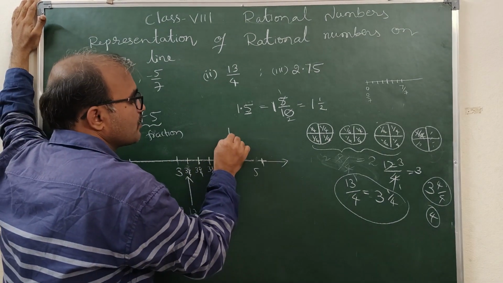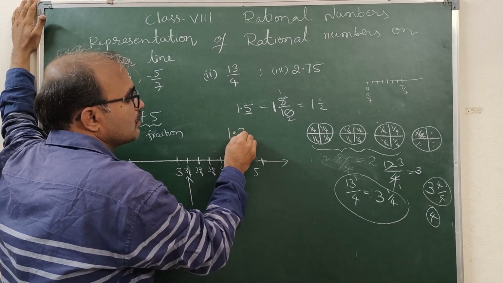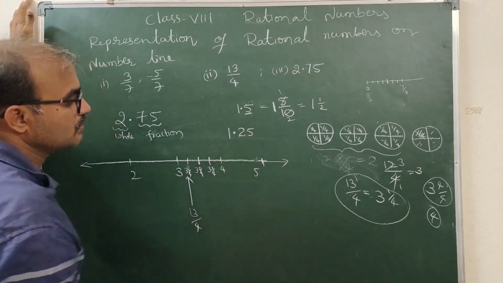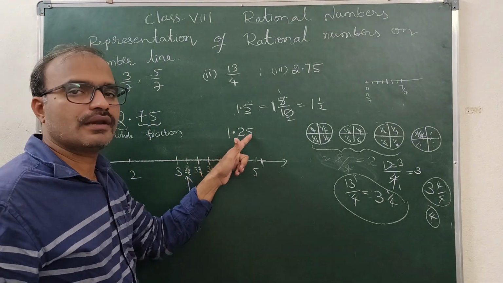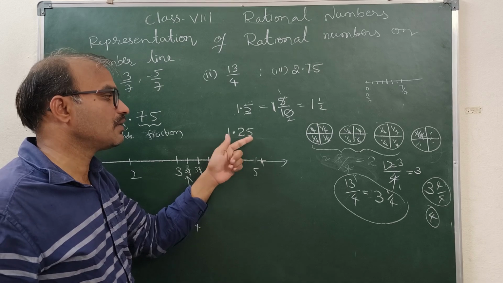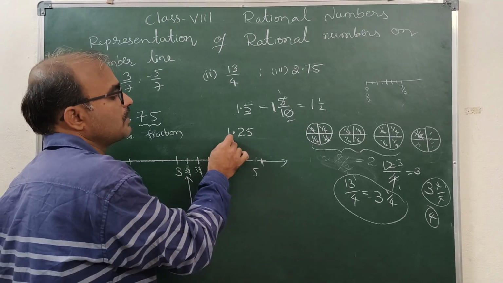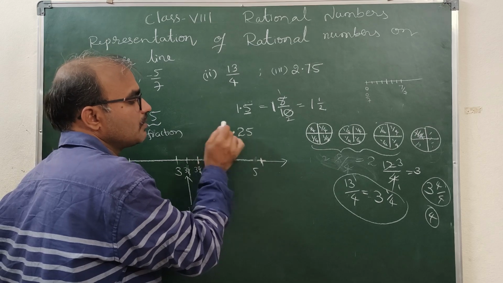So if you take 1.25, it means tenths, hundredths: one whole is made into 100 parts and 25 parts are taken. You have to read this as 1.25.